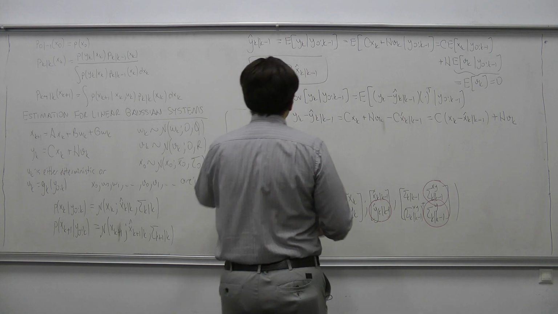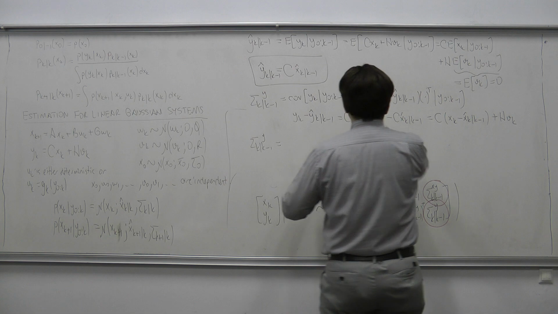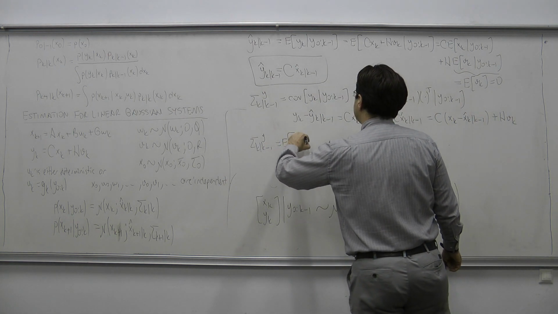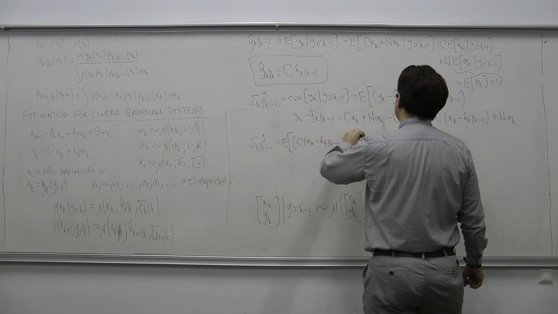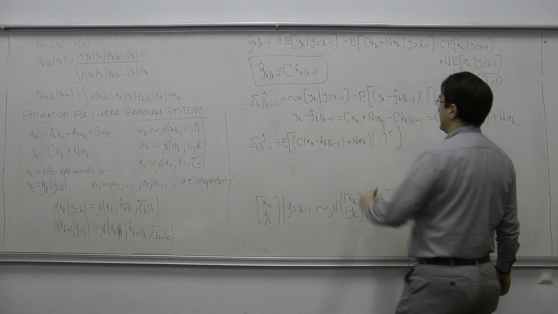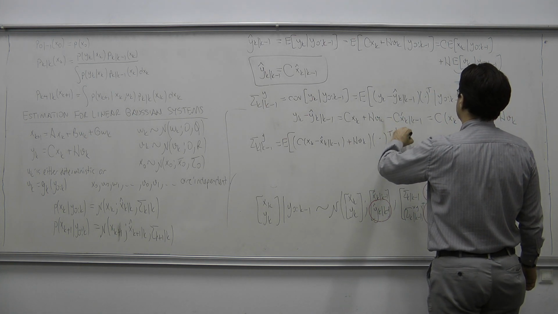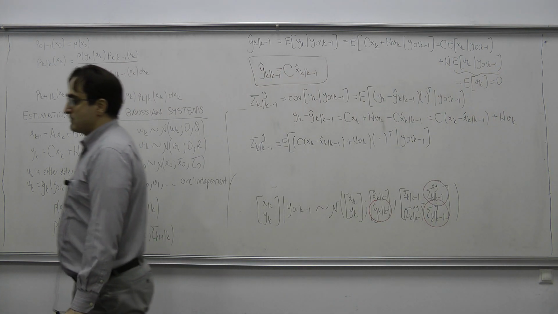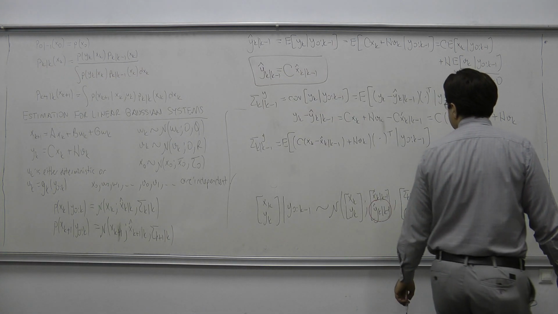So what does that mean? This Σ^y_{k|k-1} is going to be the expected value of this quantity, C(x_k − x̂_{k|k-1}) + H v_k, times the same quantity transposed. I'm always forgetting the given condition here. I cannot forget, I shouldn't forget those given conditions.